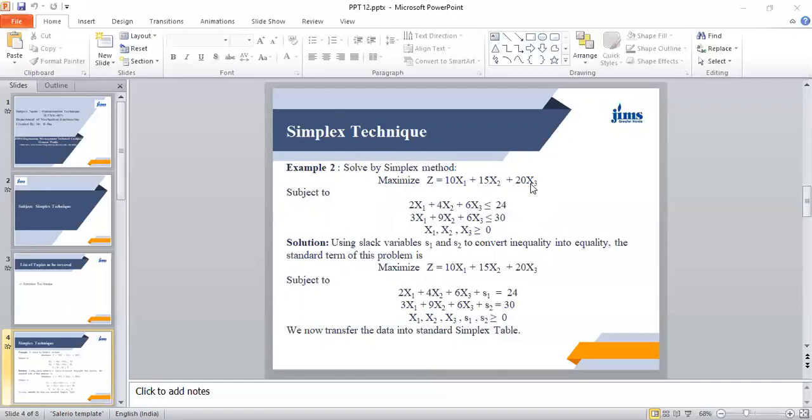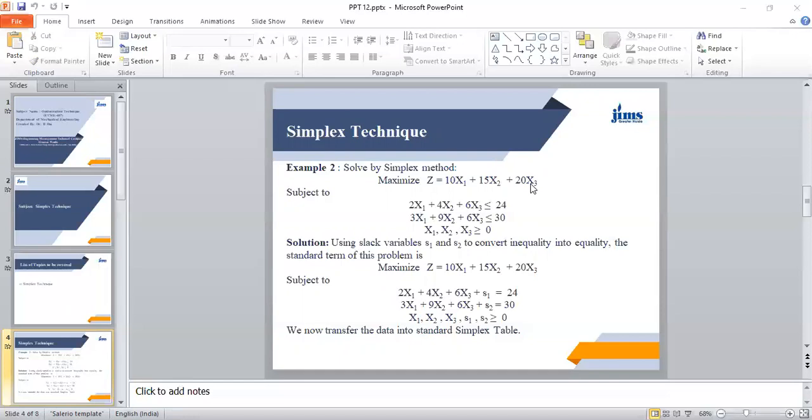So, as discussed in the last class, we have to check two conditions before starting the solution by simplex technique. Number 1, we have to see that all bj's, meaning the values on the right hand side, are positive. So 24, 30, we see that these are all positive, and all variables x1, x2, x3 should be greater than or equal to 0. So this is already given.